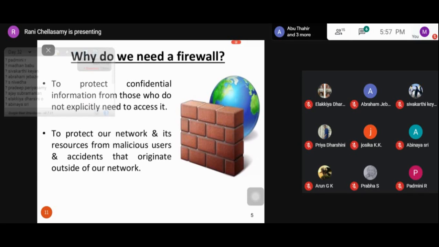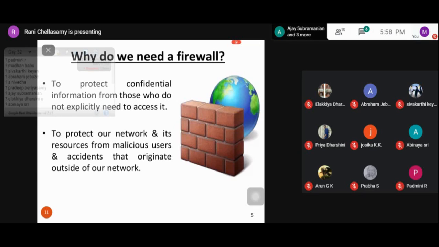Some users will say that the particular information is not needed, so for those users the packet will not be sent through the firewall. The confidential information is protected by denying access to all users on the network.